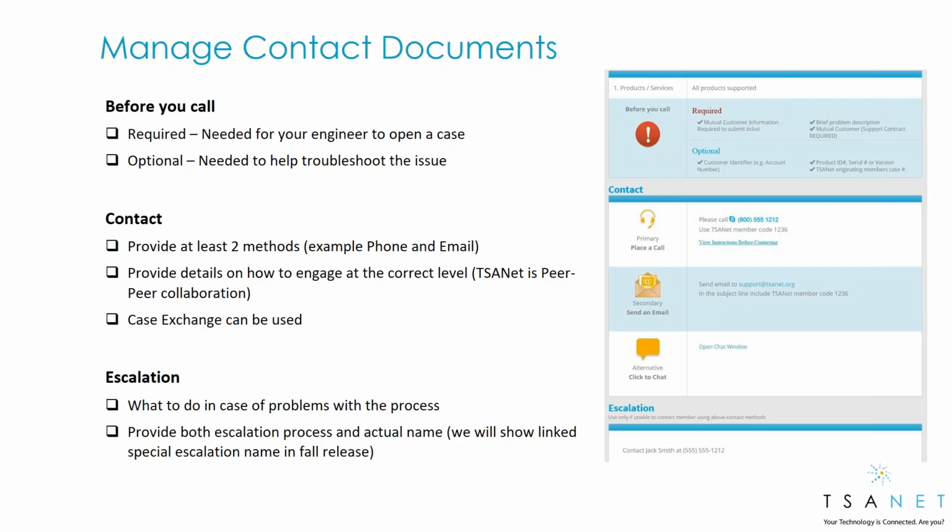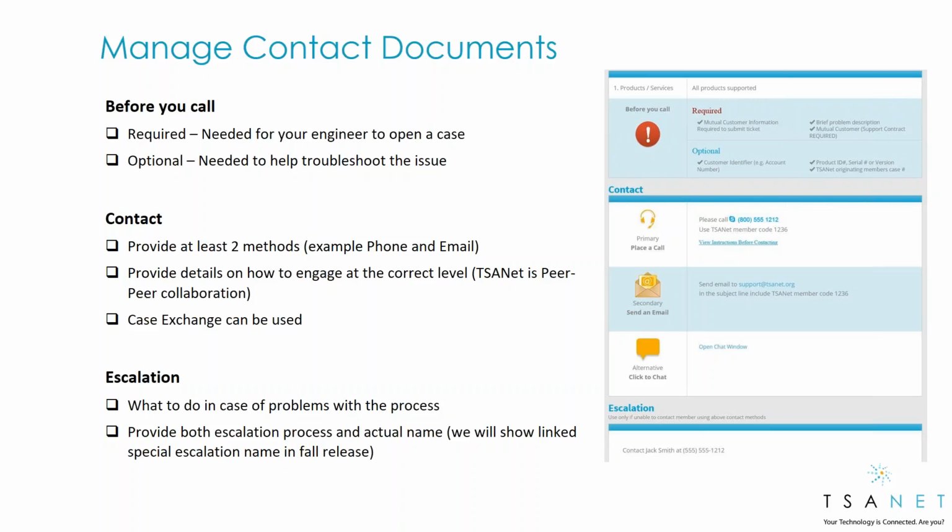But again, what you also need to look at from a contact document perspective is that it's split up into these sections. Before you call: information that you want that other member company to get about a common customer before you're engaged, and this is actually a series of check boxes and very easy to set up. And then, how do you want them to contact you?